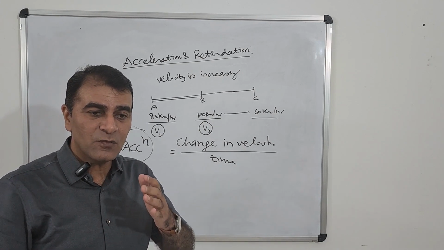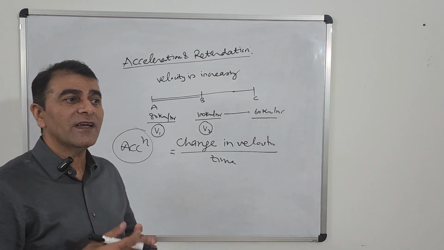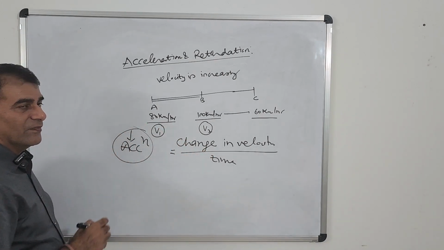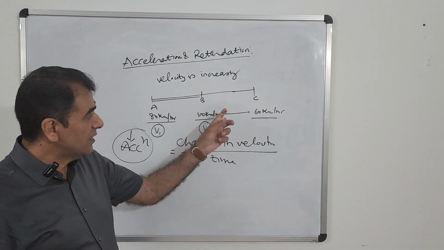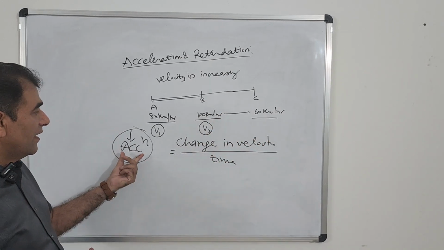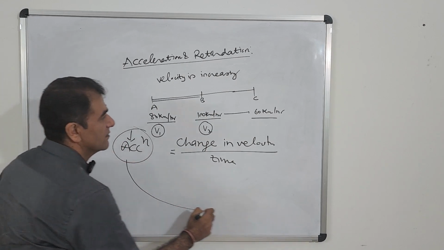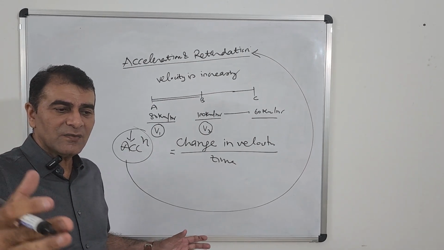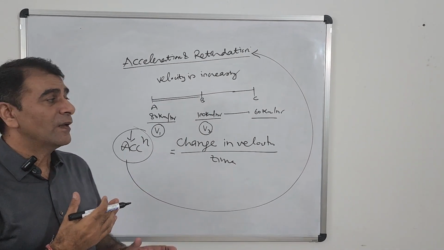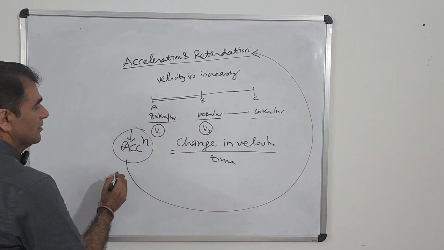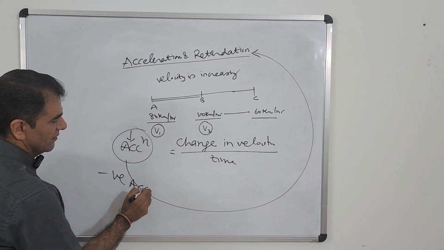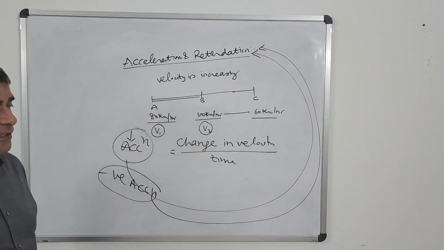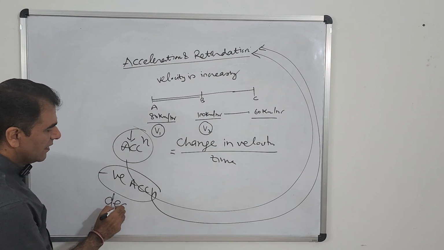It is sometimes increasing, sometimes decreasing. When it is increasing, it is called acceleration. And when the velocity is decreasing, then this acceleration is also called retardation. Retard means to go backward. Retardation is also called negative acceleration, or another name, deceleration.